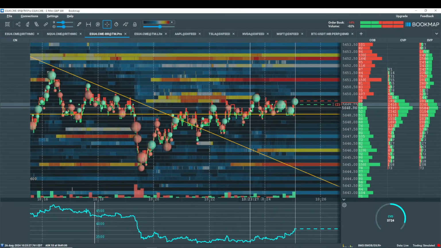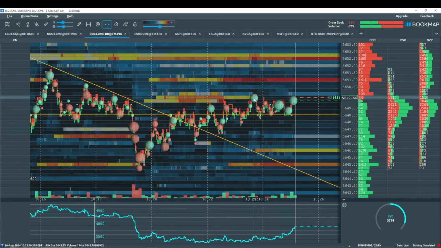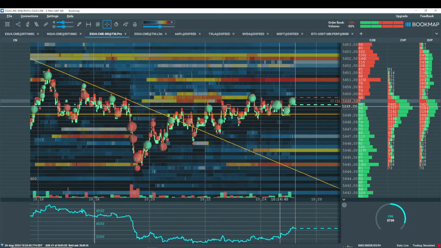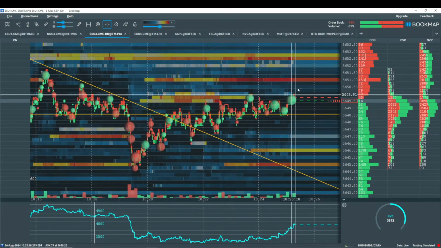And this volume in here, we do see the transaction right here. These sellers were met with buyers, and we're starting to see the buying mount. We're seeing even more now.